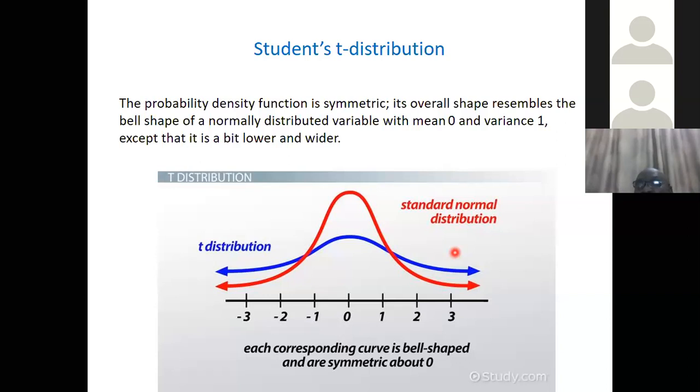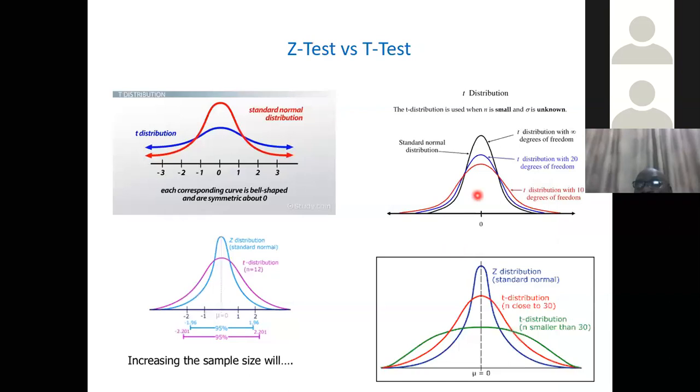When your sample size increases, the degree of freedom increases, and you will see the shape of the T distribution begin to change. Look at this second one. This one is the one I've just shown. Look at this second one. This is the T, and this is the Z distribution, and the T distribution approximates the Z distribution.